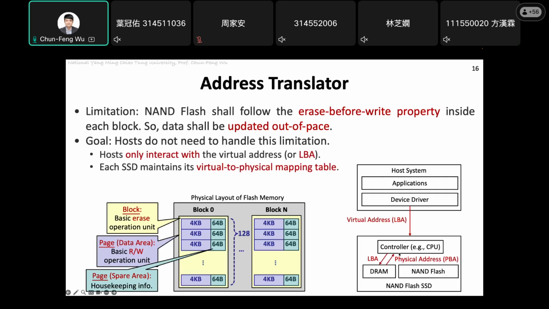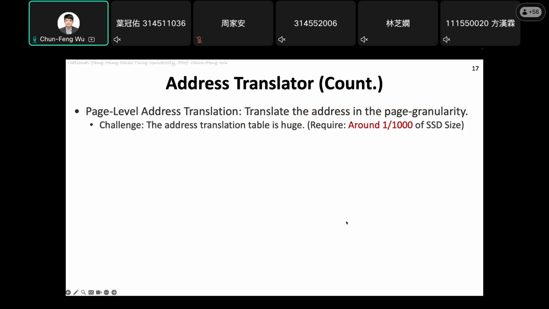The controller will first check, hey, if we have this LBA, what is the corresponding physical address? So the controller checks the DRAM and the address mapping, and gets a PBA. Using the PBA, we can then do the actual operation.